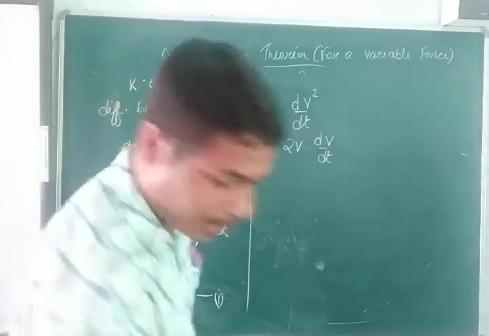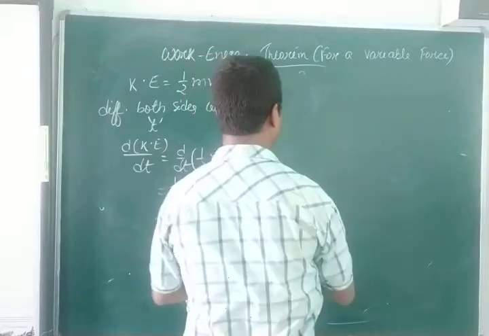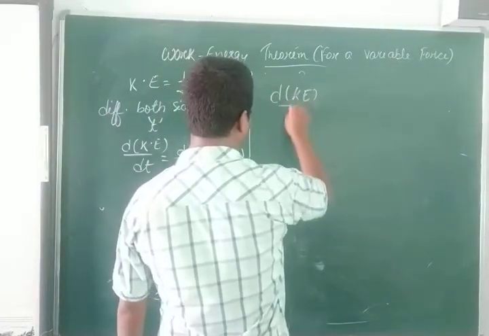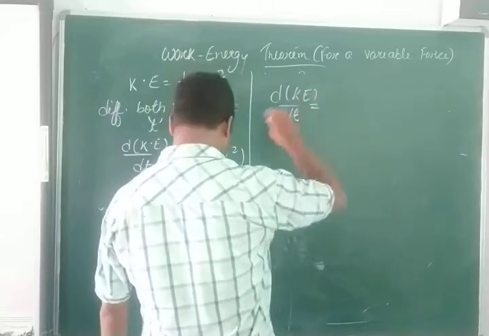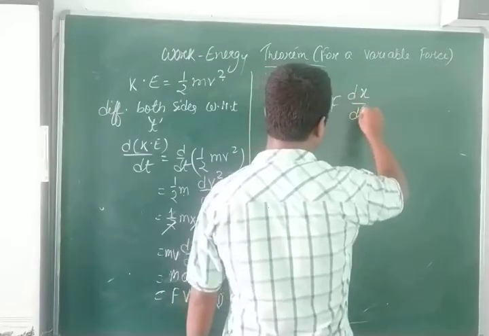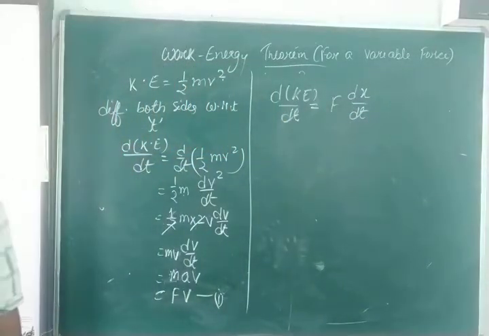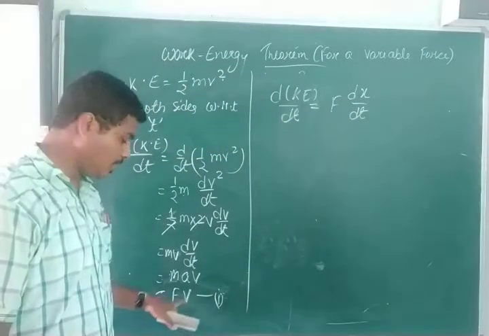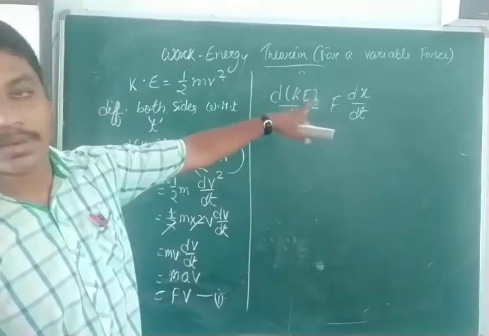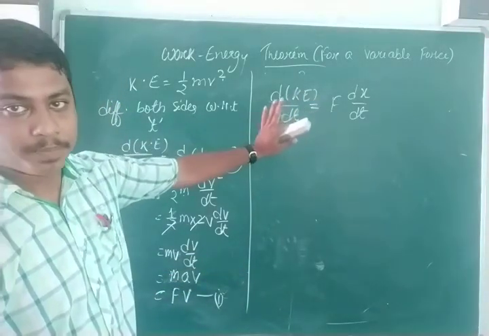You can do one more step. The differentiation of kinetic energy by dt will be equal to F, and in place of v I can write dx by dt, the rate of change of displacement. The rate of change of displacement is called velocity, so I have just broken it into dx by dt.